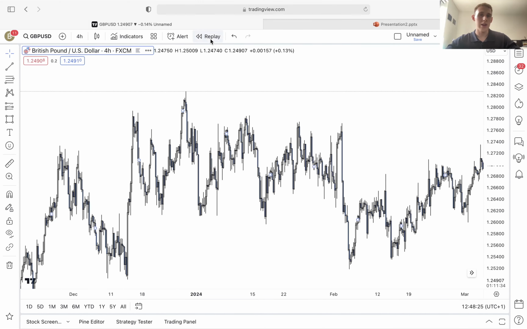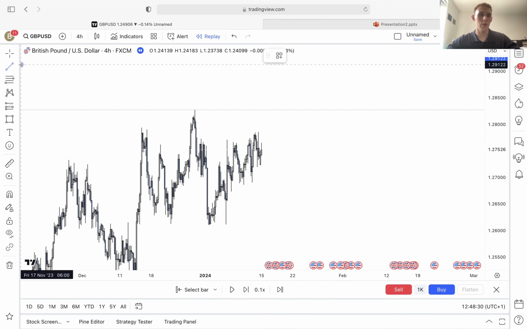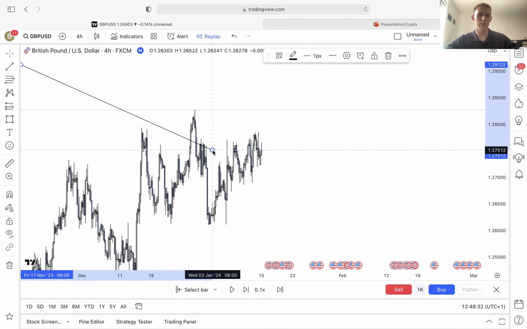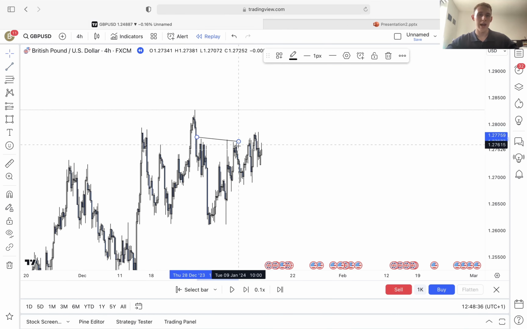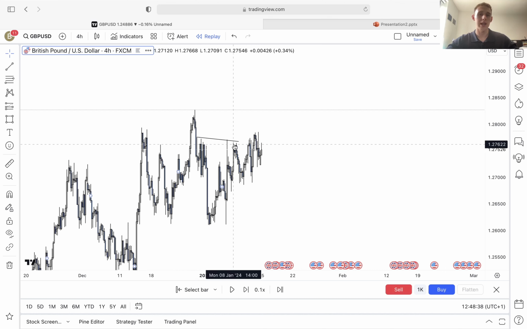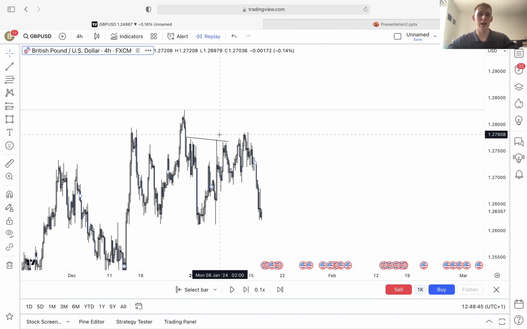So if we look just here, we can see that within this area, we had an area of equal highs just here, where we had 1, 2, 3, 4 taps of this one area. Price then comes above it, and that is when we get the reaction to the downside, because price was gravitating towards the orders that were above this level, and once they were swept, price has no reason to hang around anymore, and it drops, taking out opposing liquidity.